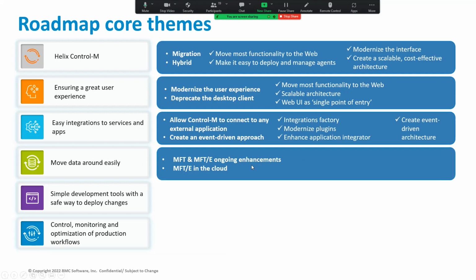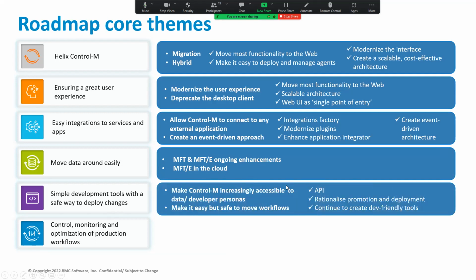I'm not going into details, but there is a lot in the roadmap about managed file transfer and managed file transfer enterprise components. Again, a lot to do to involve developers and data engineers to use Control-M for managing their data pipelines. APIs still continue to be delivered in monthly releases.